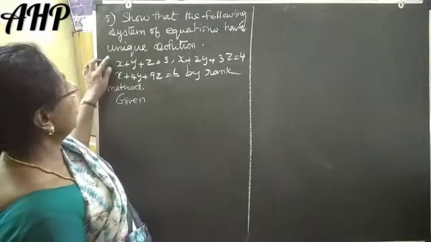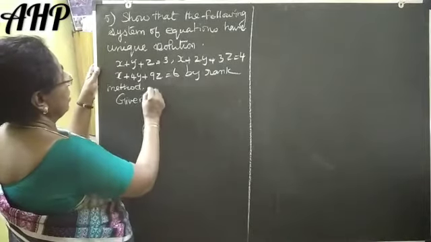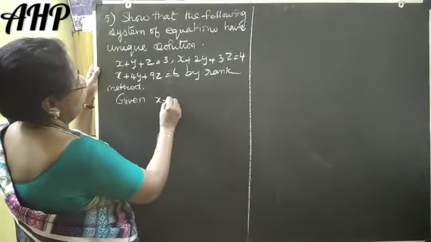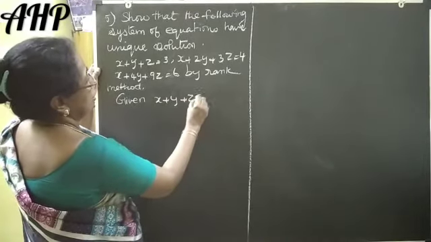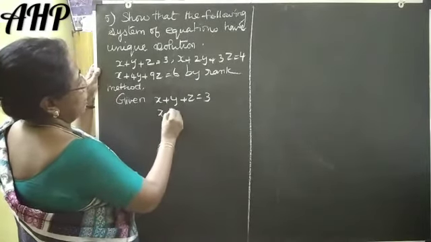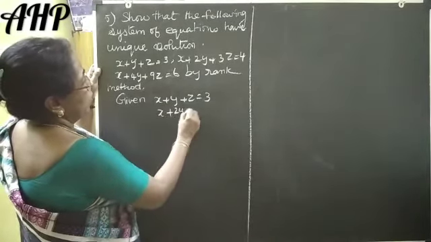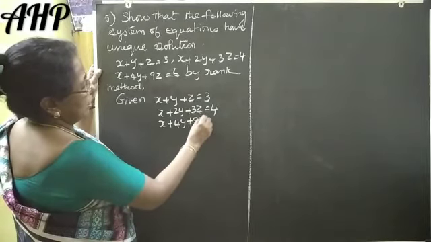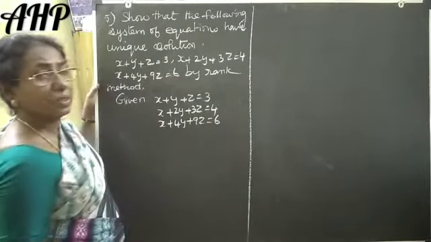So the given non-homogeneous equations are x plus y plus z is equal to 3, x plus 2y plus 3z is equal to 4, x plus 4y plus 9z is equal to 6.